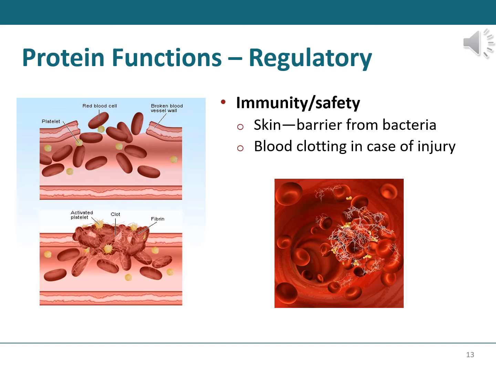So protein is a component of the skin which serves as a barrier to outside forces, and it also promotes clotting of the blood once oxygen is exposed to our blood.